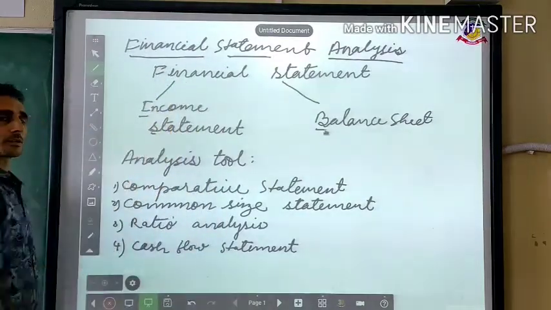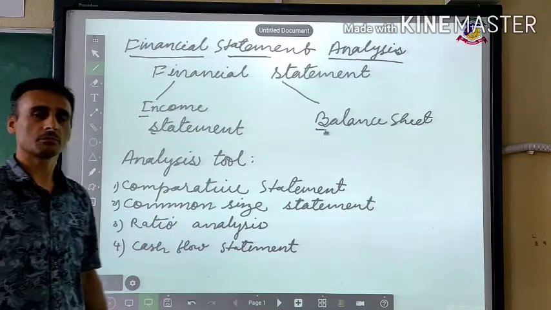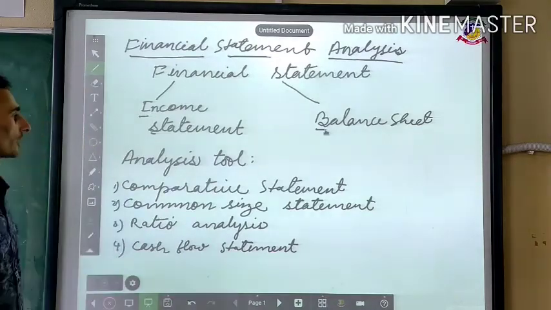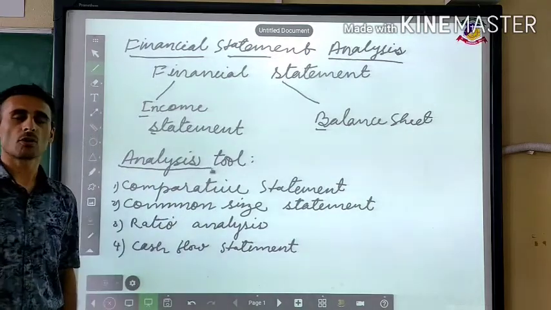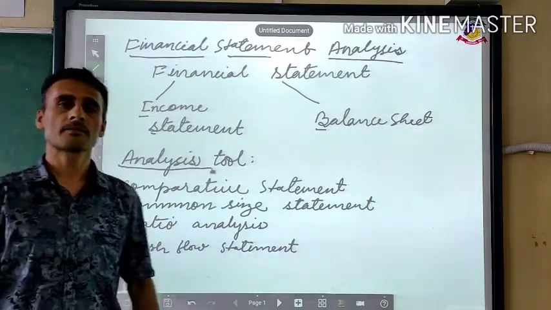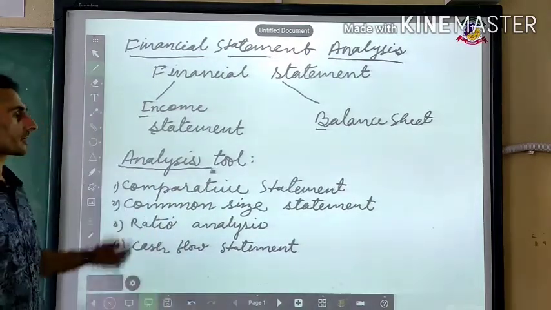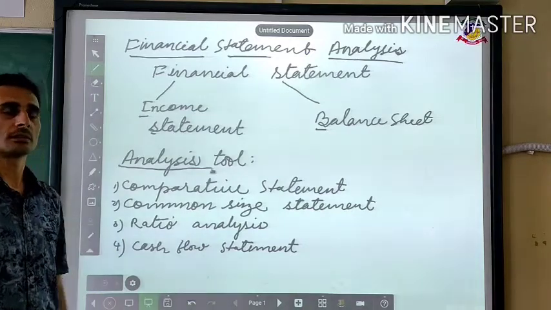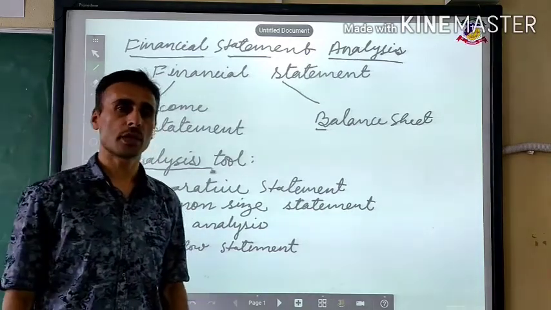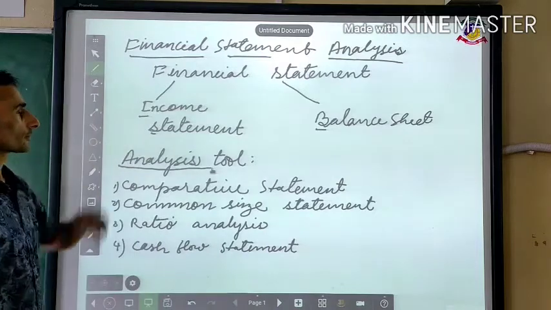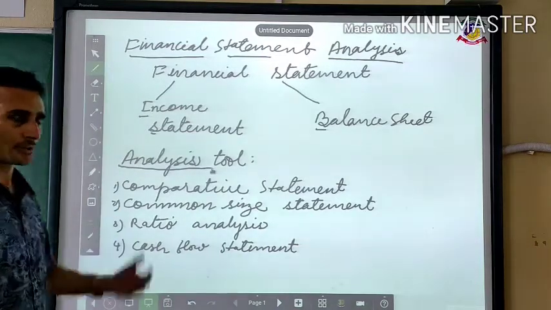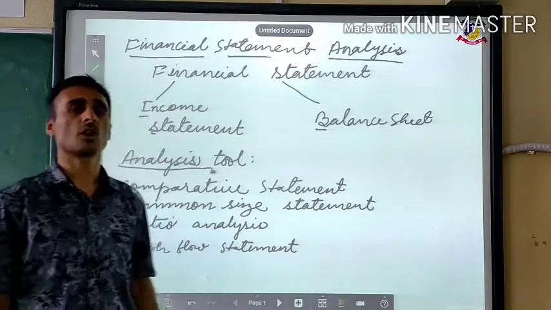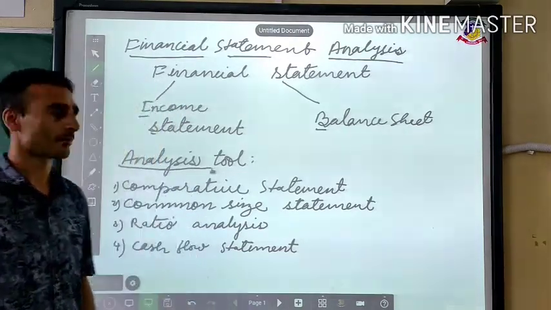Now, these are generated by the business organization, by the companies, and these are analyzed by the different stakeholders of the business. First of all, it is internally analyzed. The management are very keen to analyze the performance of the business and to take financial decisions or business decisions.